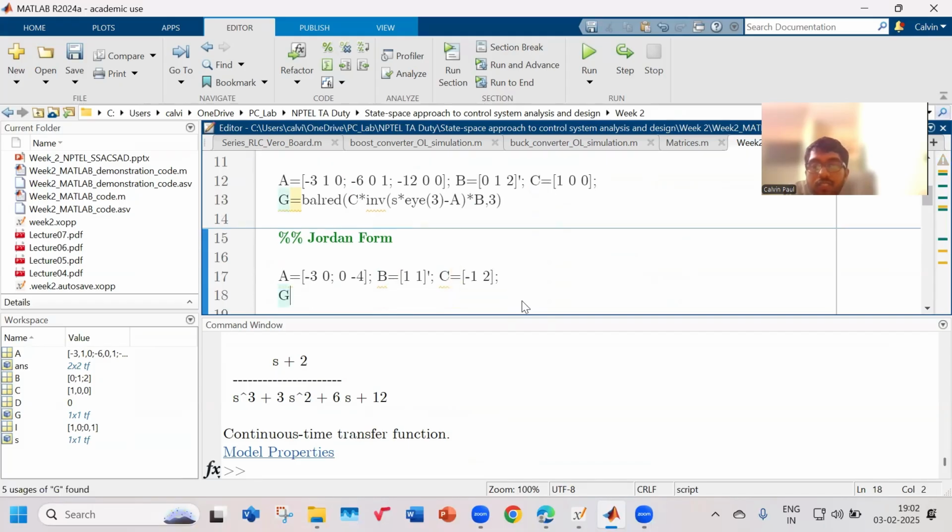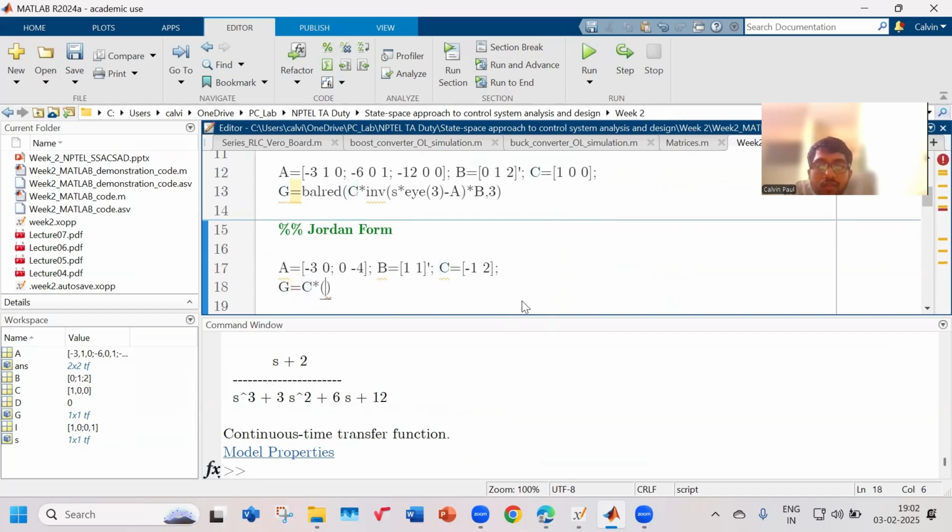Now G in this case is C into the inverse of sI minus A, where I is the identity of order 2 because it is second order, into B. Let me run this section. So this comes as s plus 2 over s square plus 7s plus 12. If you expand s square plus 7s plus 12, it actually is s plus 4 into s plus 3, which was what we started with. So our representation in this form is correct.